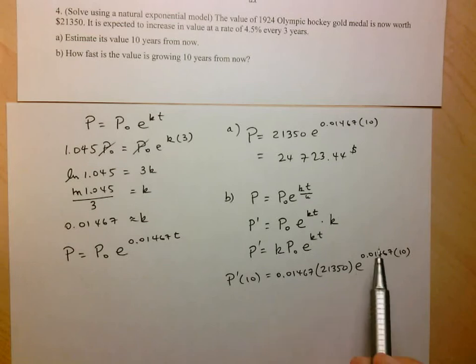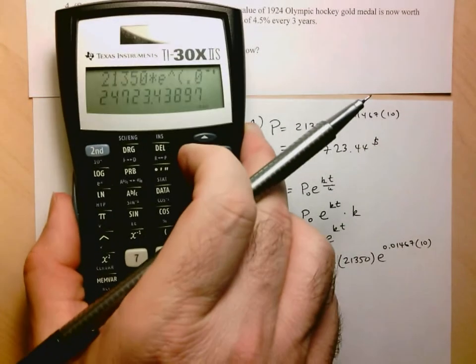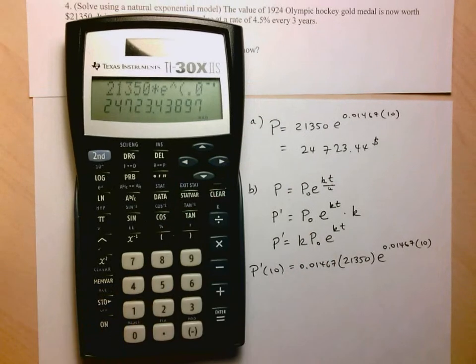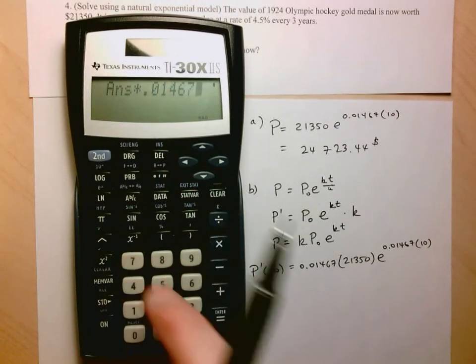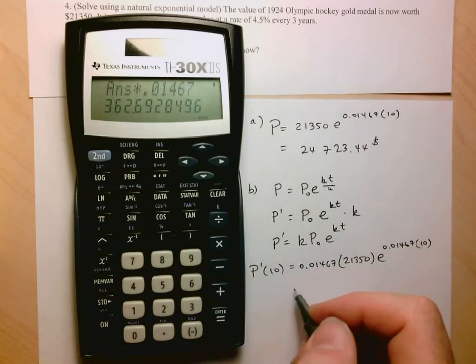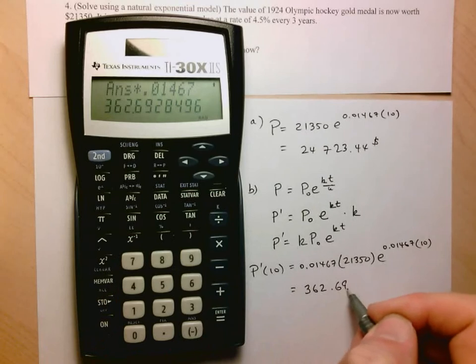Hopefully you're starting to see why these models are so nice. Once I have the value of the function, I just have to multiply by k to get its derivative at that point. Luckily I kept that on my calculator, because that's what this whole expression represents. I just have to multiply it by 0.01467, and here we get about 362.69.